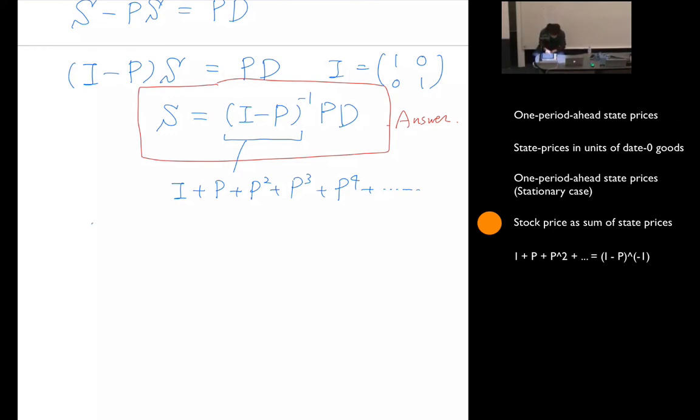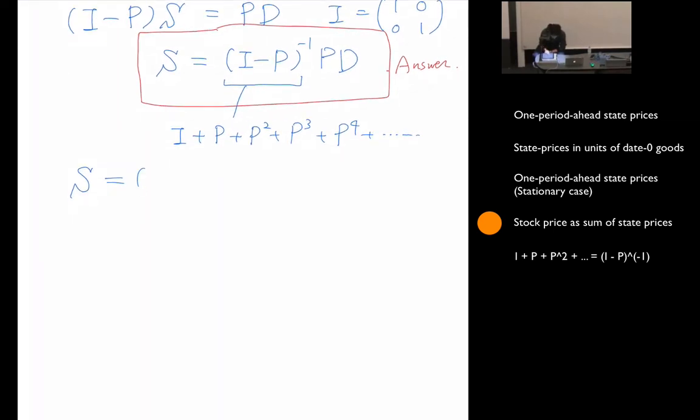And therefore, S is equal to I plus P squared plus and so on times P times D. And this is equal to PD plus P squared D plus P cubed D, and so on.